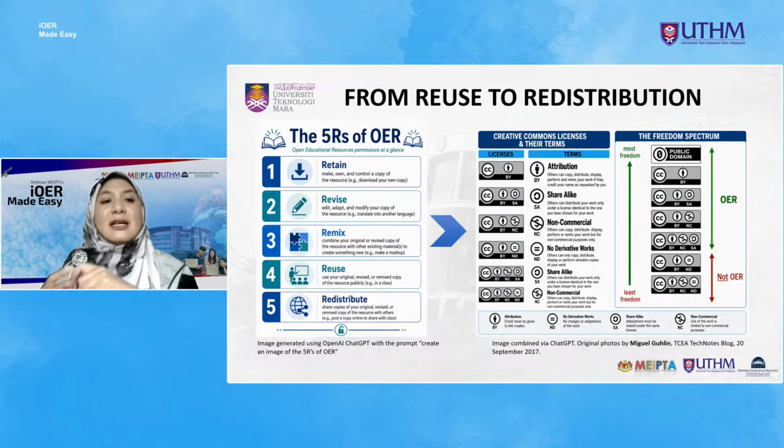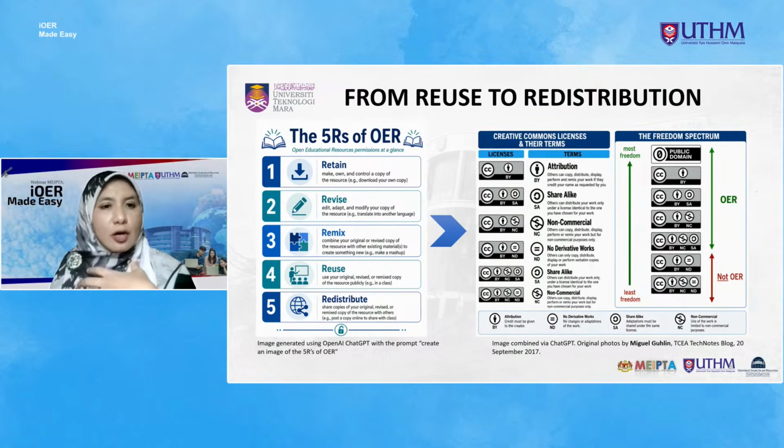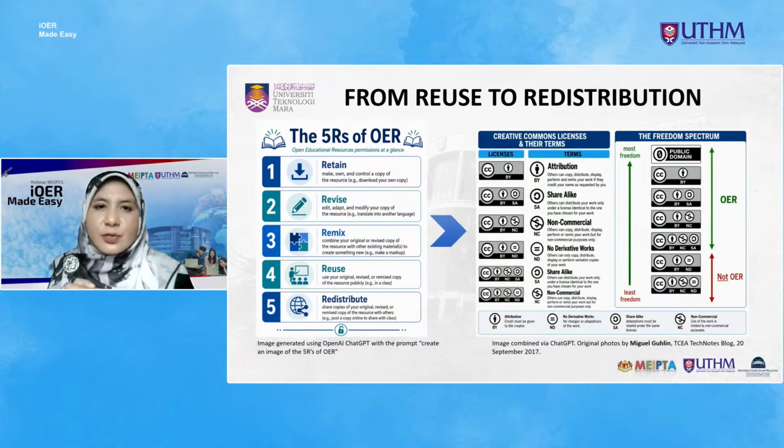Then reuse, we allow them to reuse the original materials, or the revised or remixed copy of the resource publicly. Meaning they downloaded our materials, they revise them, they change them, they add more to them, and then they use it and share it with their students publicly. That one is reuse.